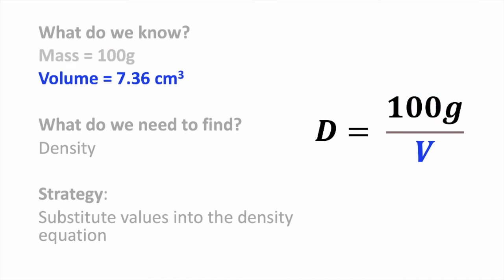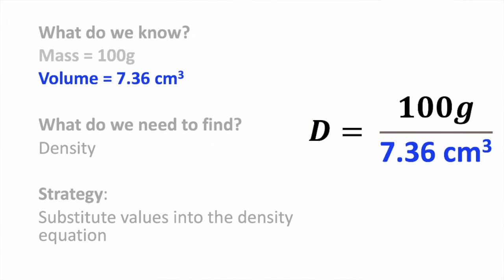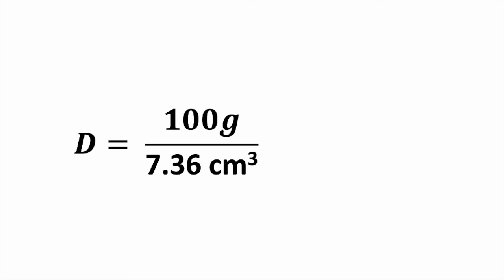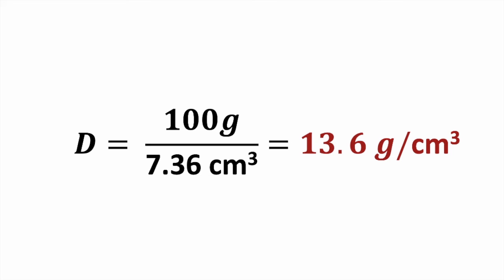And then we're going to take our volume and substitute it for this V. So we have density equals 100 grams over 7.36 centimeters cubed. And when we divide it out, our density equals 13.6 grams per centimeter cubed.